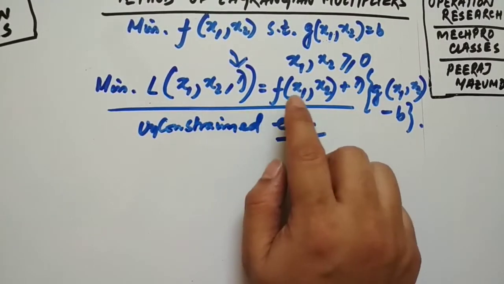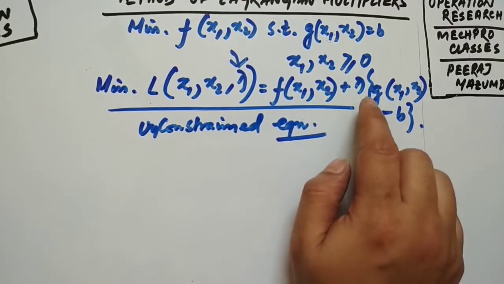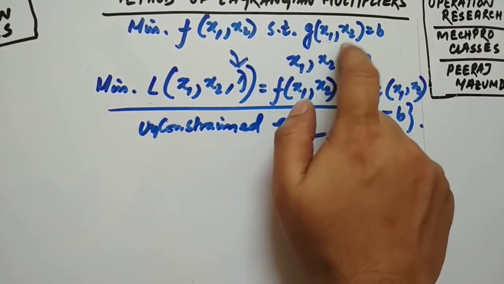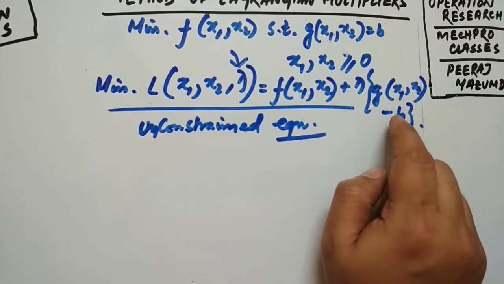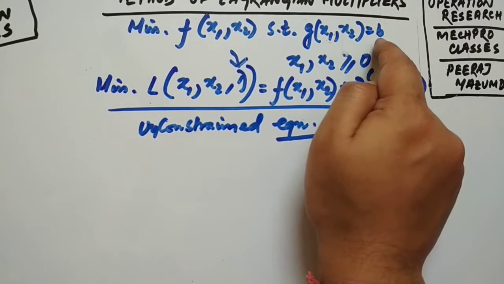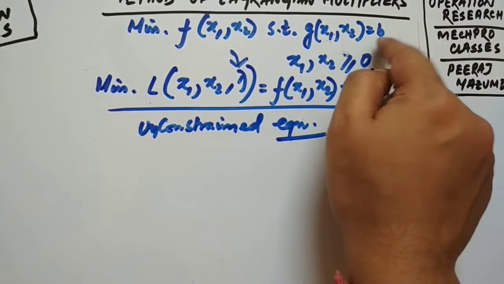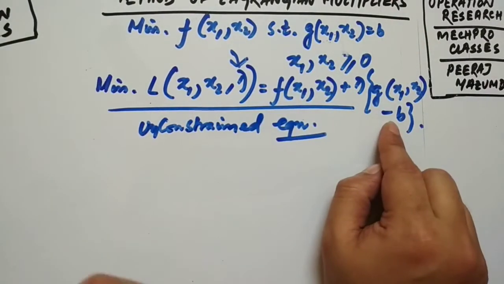It can be rewritten as f of x1 comma x2 plus lambda, that is the Lagrange multiplier, into this constraint equation as g of x1 x2 minus b, as I have transformed, or I have taken this b as left hand side. Okay, so it is minus b.